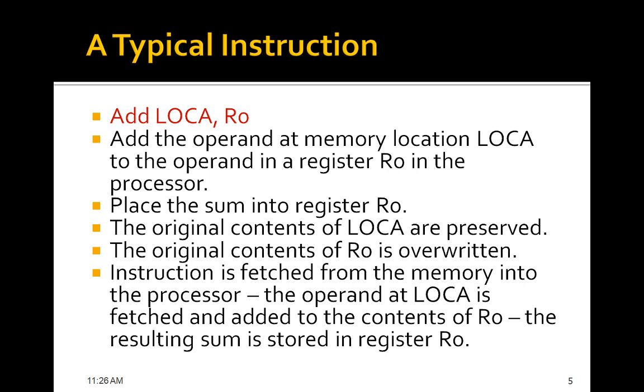To perform any addition we should have the operands. So the operand at location A will be fetched first, and then added to the contents of R0, which is the value present in R0. Finally, the resulting sum will be stored into the register R0.